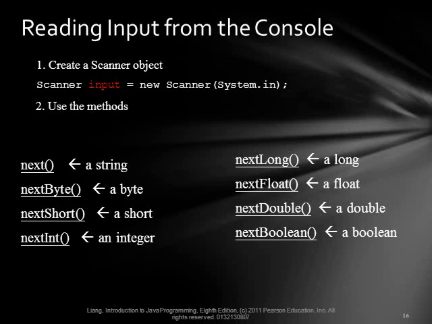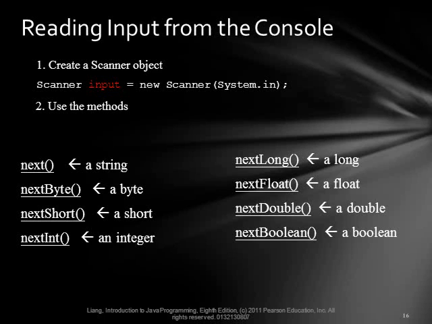As we move through the course, and there are more classes that we have to use, we have to create objects of that type so that we can use them. Classes have methods, and so under number 2 here, you see that there are several methods that the Scanner class has, and we have to use the appropriate method for the type of data that we're expecting from the keyboard.